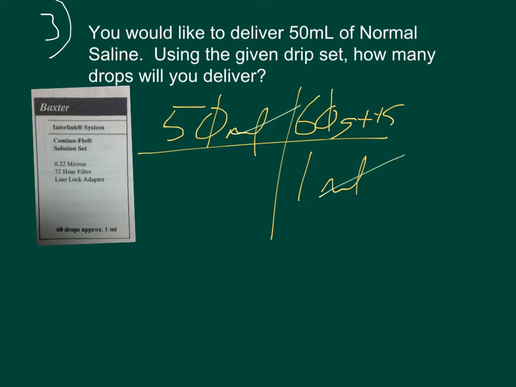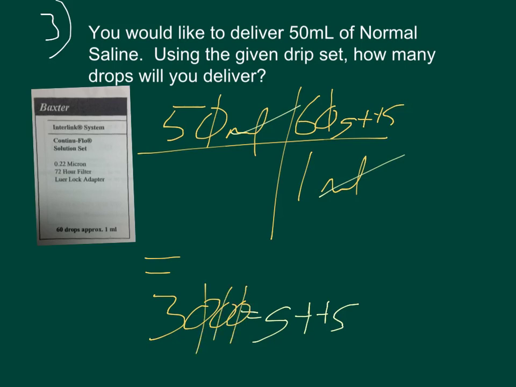And by making sure my problem is set up right, it is. And 50 times 60, 5 times 6 is 30 with 2 zeros. That equals 3,000 drops. And that's how we do basic drips with a drip set. Just knowing how many milliliters or how many drops I need to get a given amount.